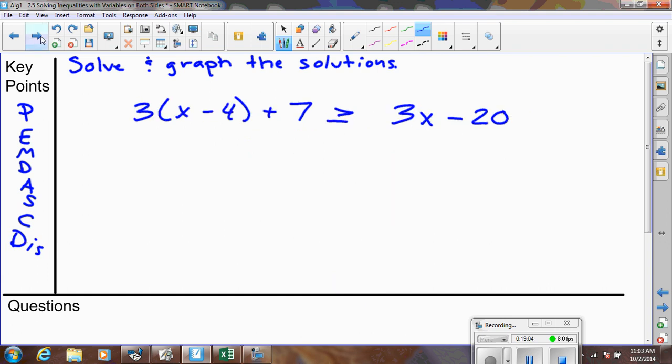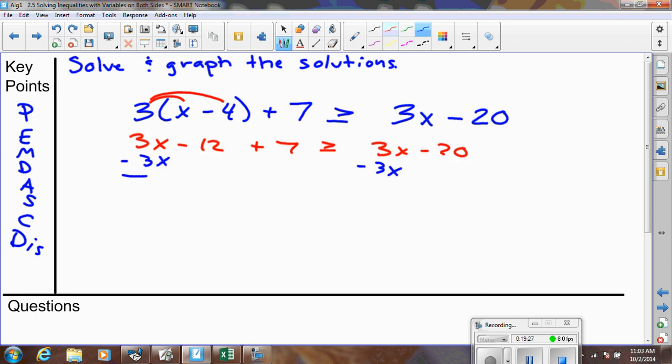And our last problem we'll look at today. Okay, distributing 3x minus 12. Okay, then what? Okay, subtract the 3x, which cancels on the right, and that 0 cancels on the left.